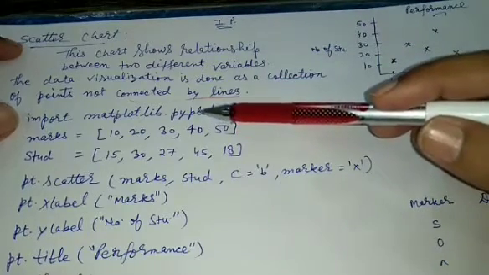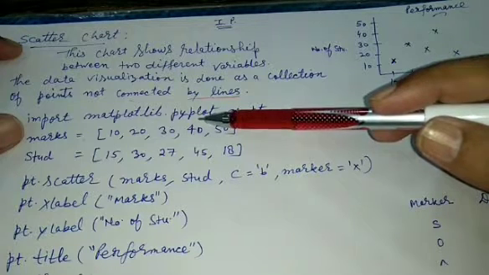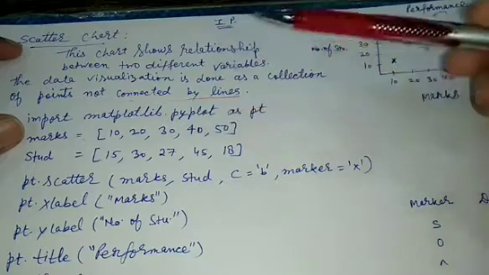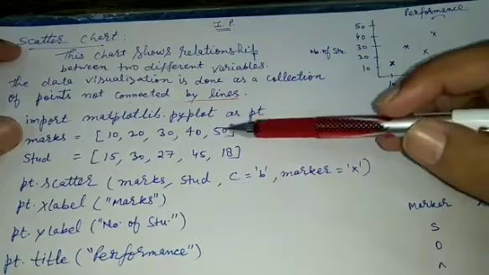Suppose we want to show how many students obtain 10 marks, 20 marks, 30, 40 or 50 marks in an exam.